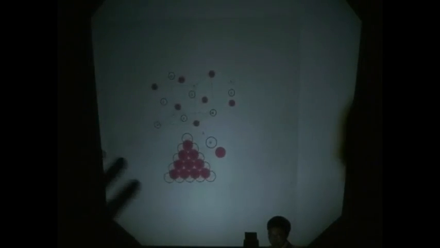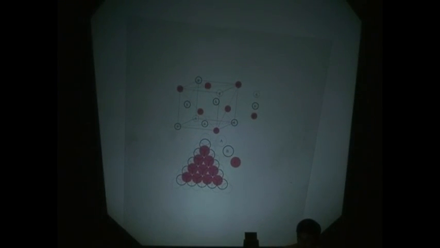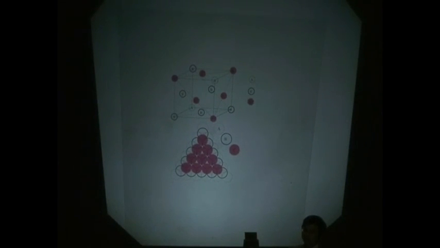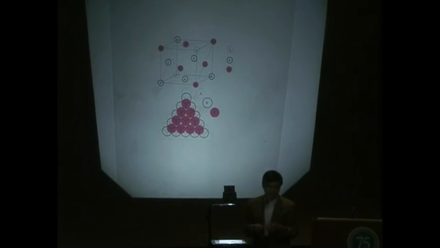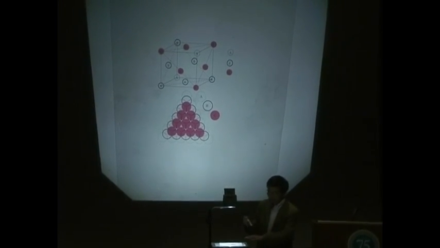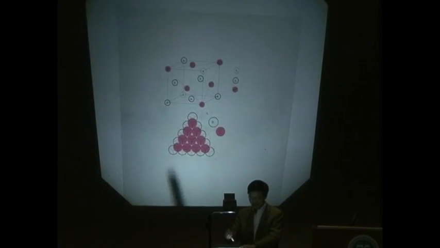So first of all, let me look at the face-centered cubic lattice. The face-centered cubic lattice is a close-packed lattice. The other close-packed lattice is the hexagonal close-packed lattice, which by definition must be close-packed. But why is the face-centered cubic also a close-packed lattice? This might not be so obvious at first sight.